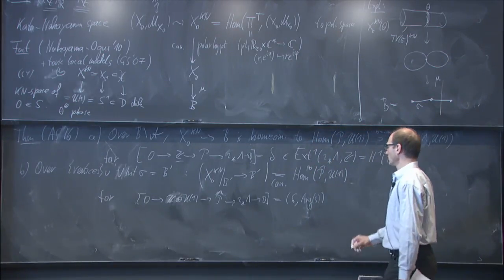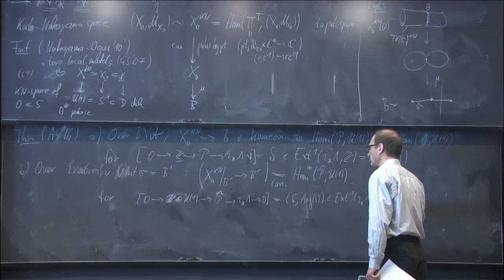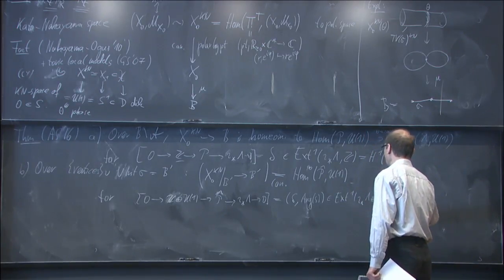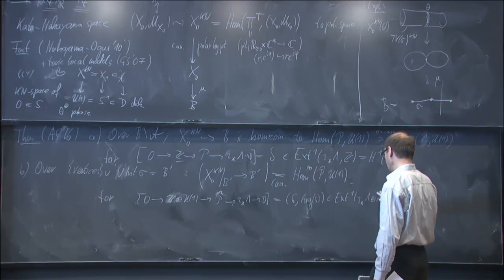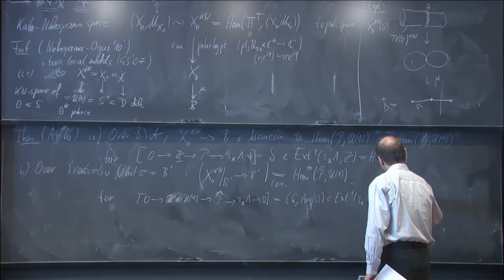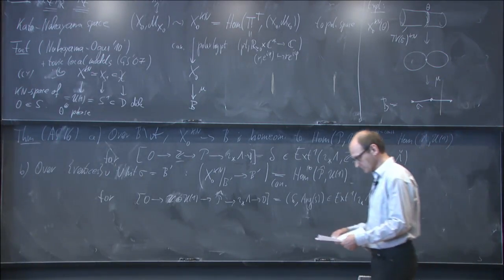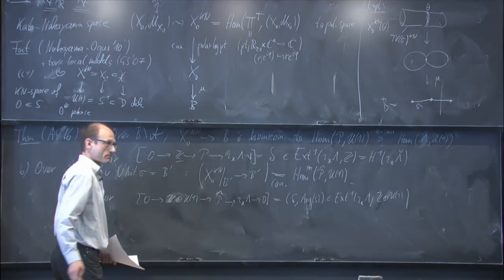So this sits in Ext^1 of iota lowest to lambda, Z direct sum U1. Okay? So that's canonical.